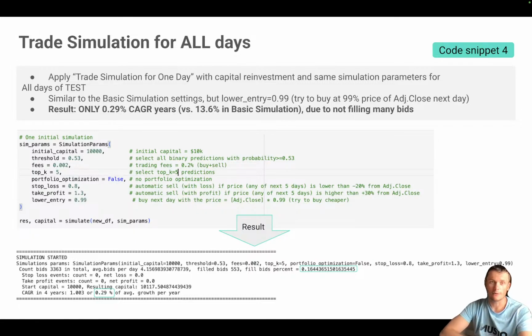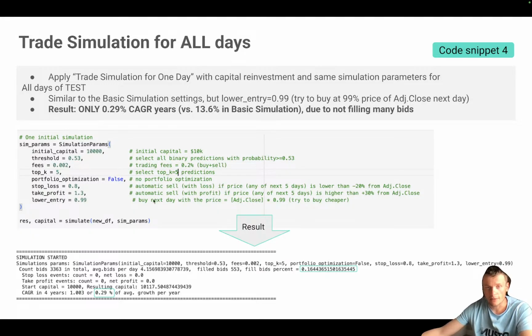Now let's see how the simulation is produced for the whole period. So I define the data class, which is called simulation params, with these initial params, and intentionally I created stop loss, which is quite low, minus 20% in 5 days, and take profit, which is quite high, plus 30% in 5 days, so that they are not executed often, and top K equals 5.